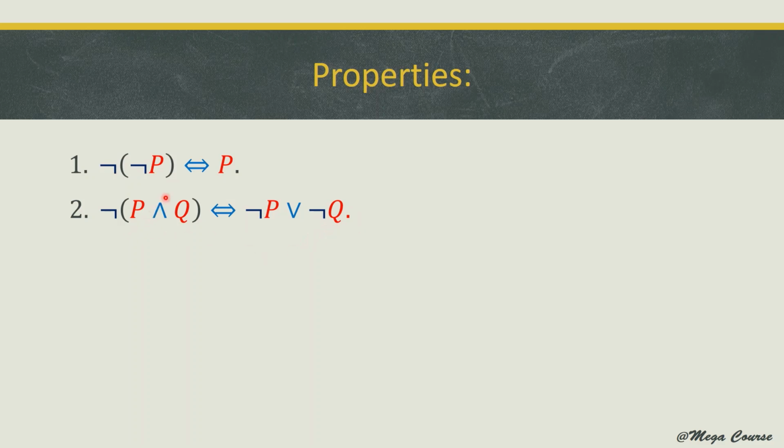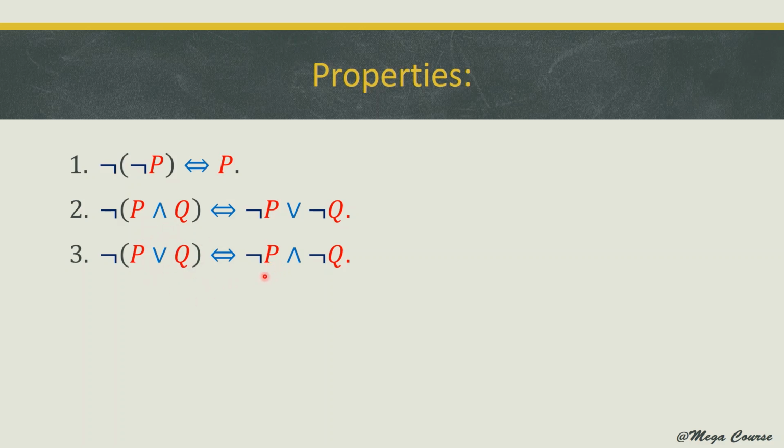But what about the AND? The negation of AND is OR. Then we have not (P and Q) is equivalent to not P or not Q. Another one, not (P or Q): the negation of or is and.